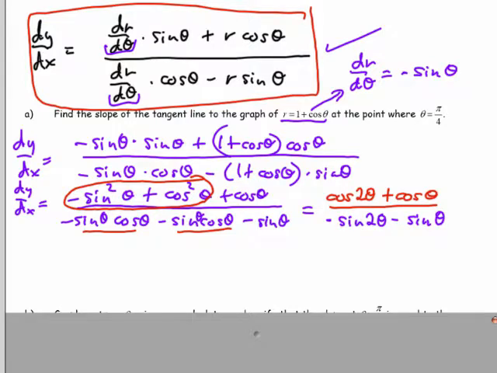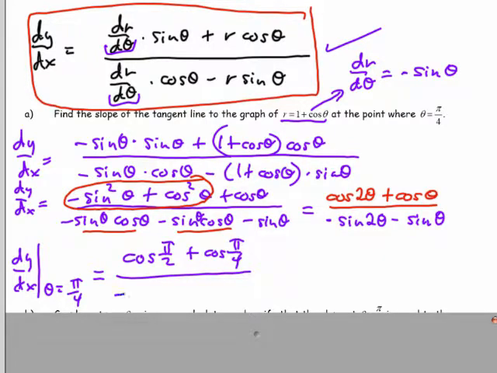Now, to get the derivative at pi over 4, I'm going to plug pi over 4 into all of this. So that's going to be the cosine of 2 times pi over 4, which is pi over 2, and so on. Cosine of pi over 2 is 0.